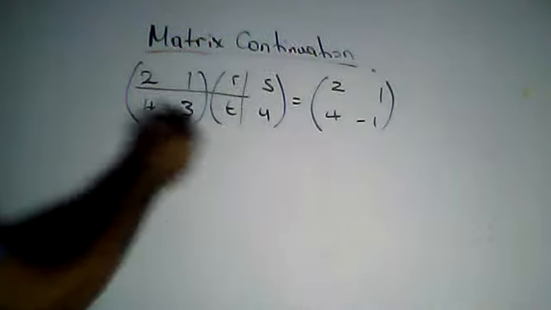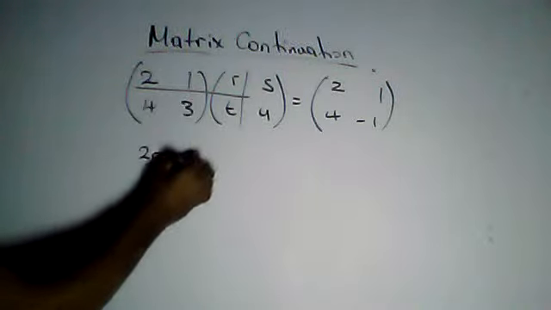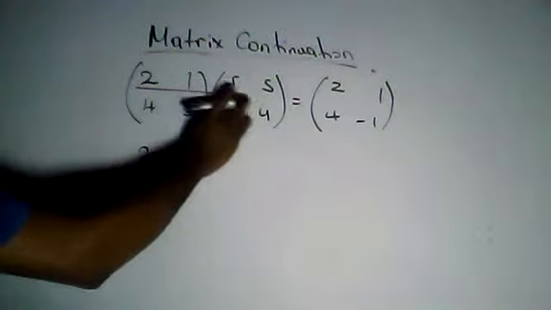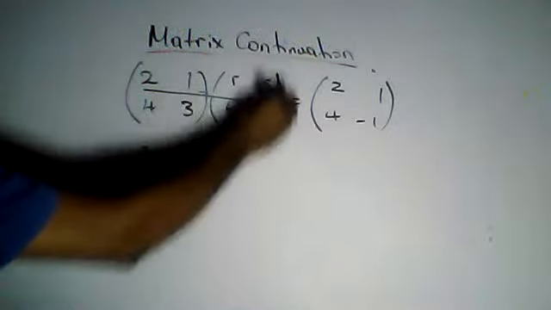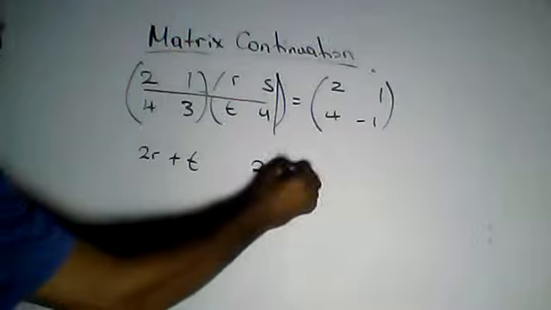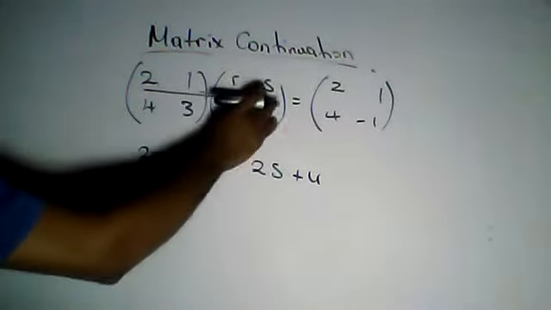So first row, first column. So 2 times R would give me 2R, plus 1 times T would give me T. Then first row, second column. So it's 2 times S, which is 2S, plus 1 times U, which is U. So that would conclude the first row.